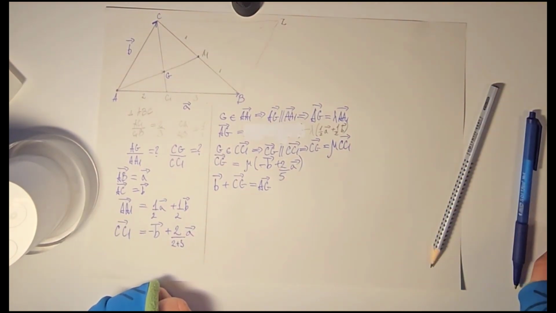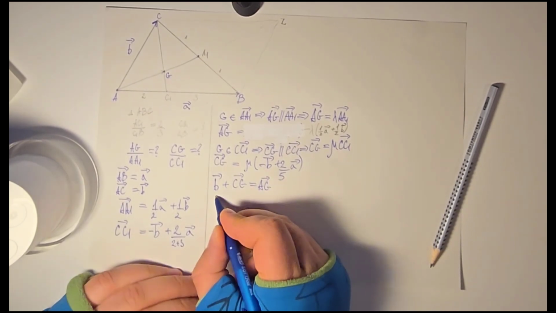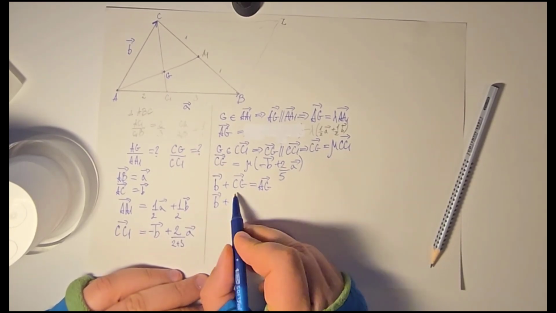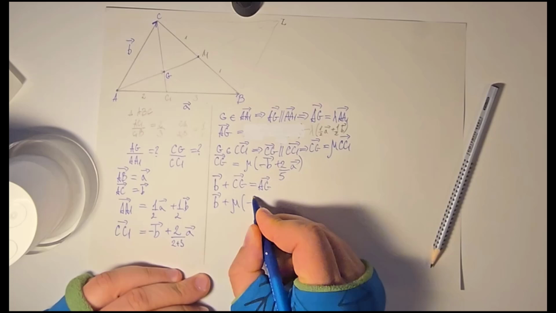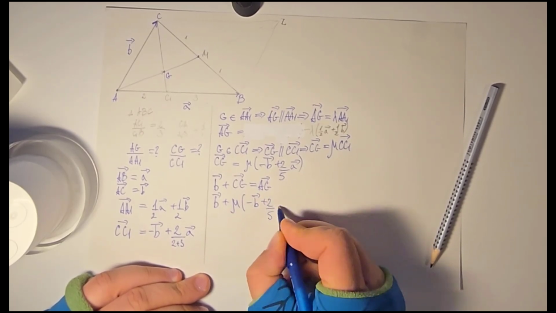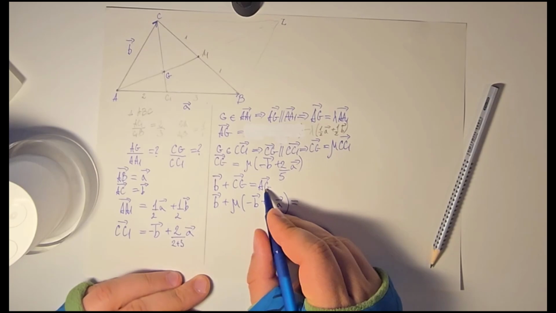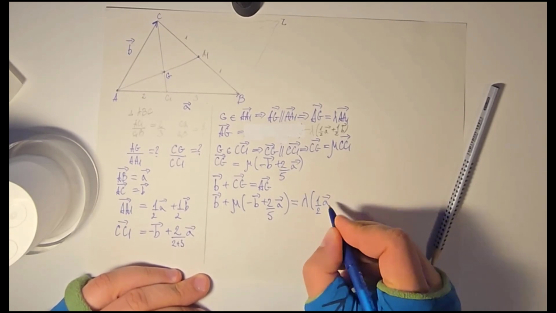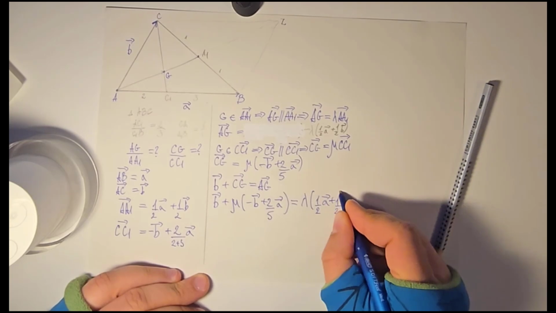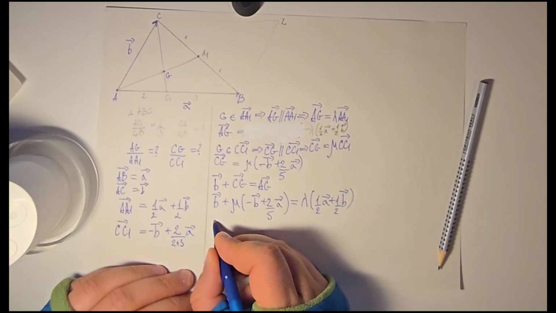Okay, so we have the B, and now we would try to write everything together as B, pretty much, plus CG, which is this one here, and this is equal to AG, and AG was this one here, lambda times half A plus half B. Okay, now let's open the brackets, because this would be the easiest thing.